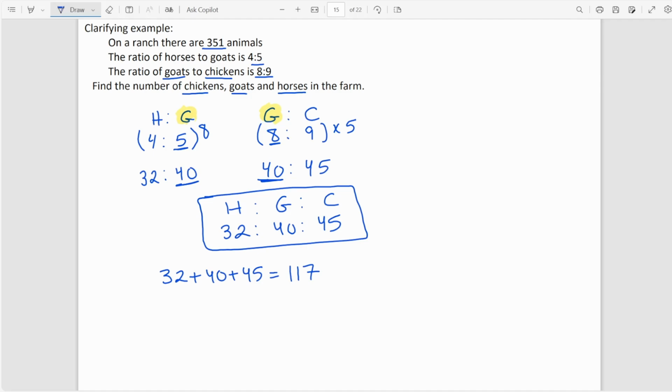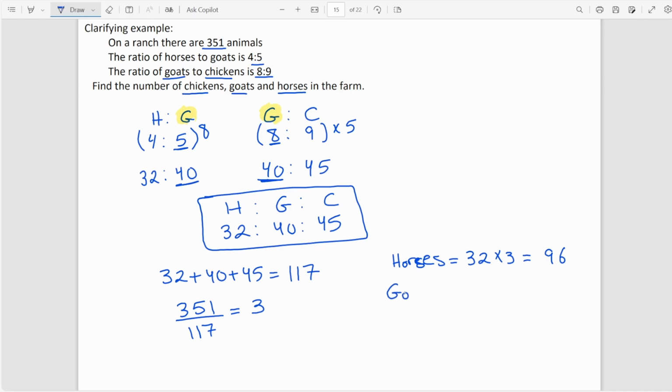And now I want to find what each part represents, so I will divide the total animals by 117. And we get 3. Okay, so every part represents 3 animals. So now let's find the total number of horses: 32 multiplied by 3, which gives us 96.